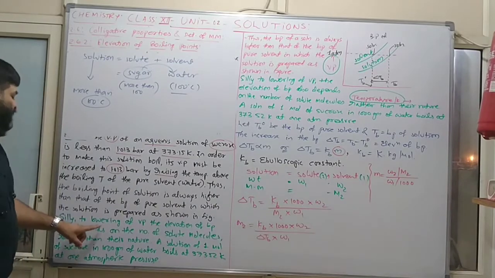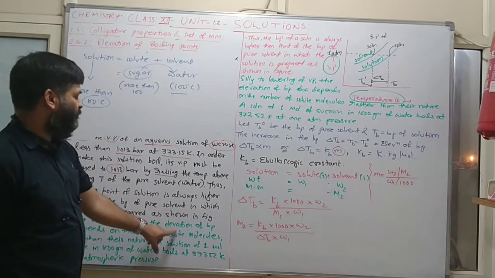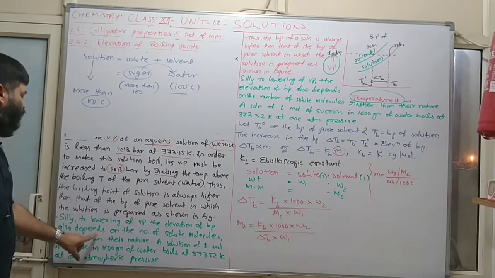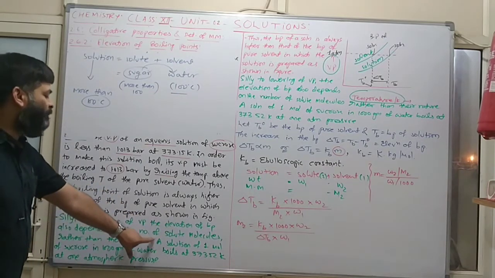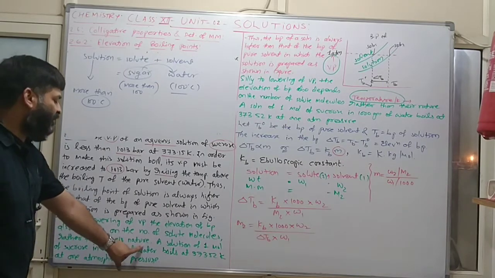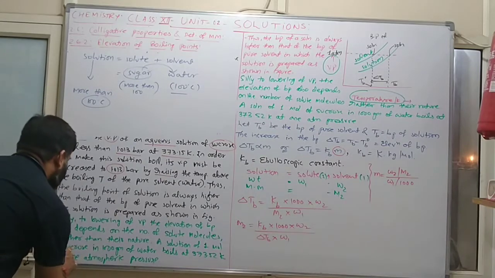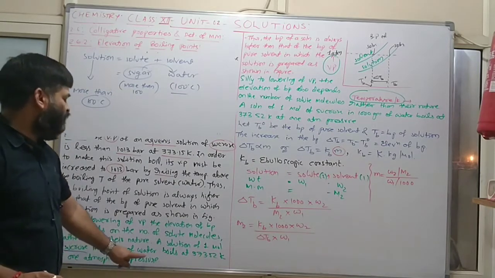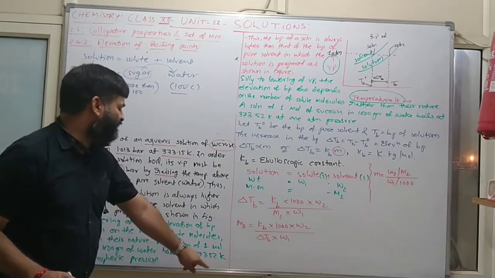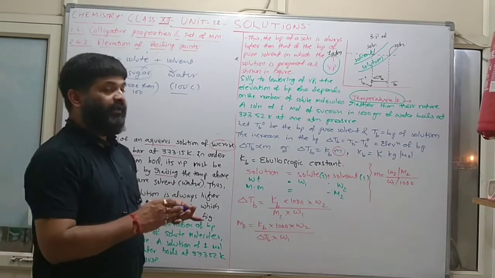Clear? Now similarly to lowering of vapor pressure, the elevation of boiling point also depends on the number of solute particles rather than their nature. A solution of 1 mole of sucrose in 1000 gram of water boils at 373.52 Kelvin at 1 atmospheric pressure.